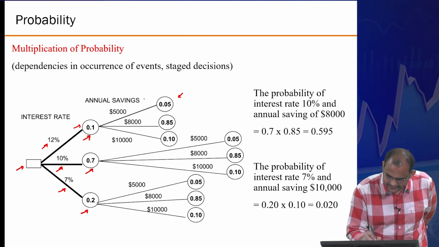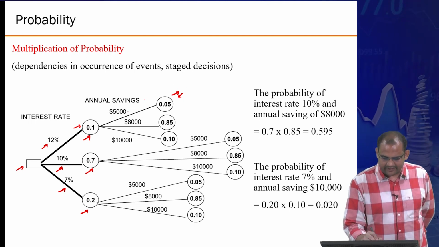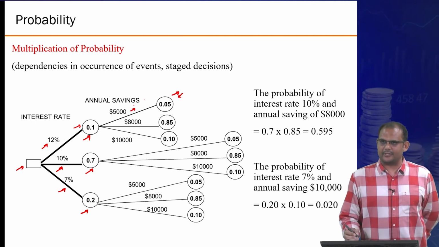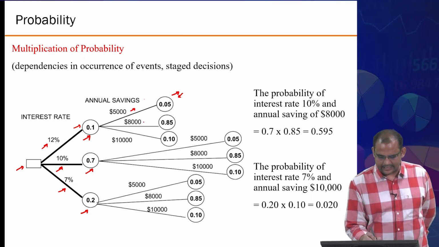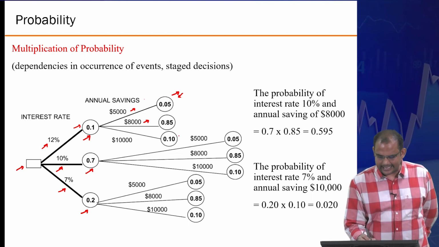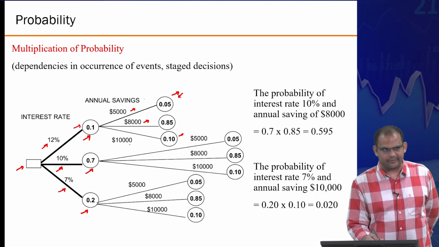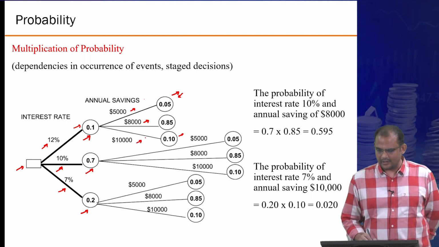On the other hand, there is a 0.05 chance that the annual saving will be $5,000. There is an 85% chance that annual saving will be $8,000. There is a 10% chance that annual saving would be $10,000, right?